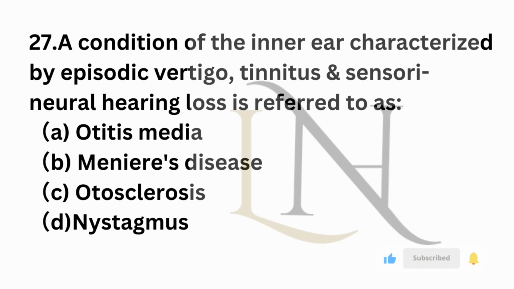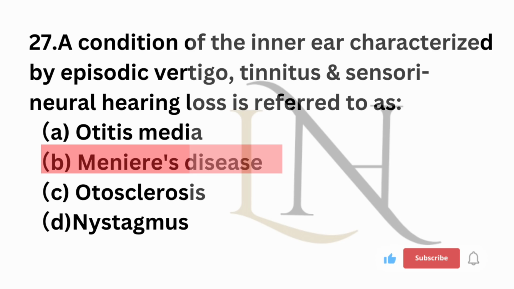Correct answer: option B, Meniere's disease. And nystagmus means involuntary eye movement which may cause the eye to move rapidly from side to side or up and down, and may slightly blur vision.